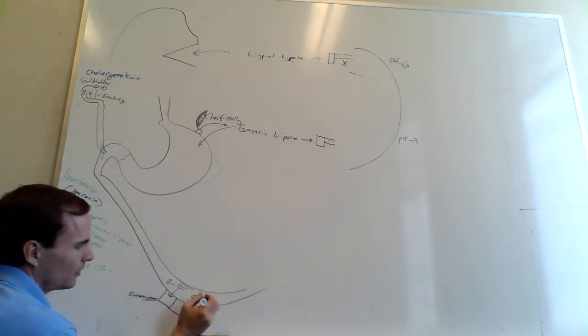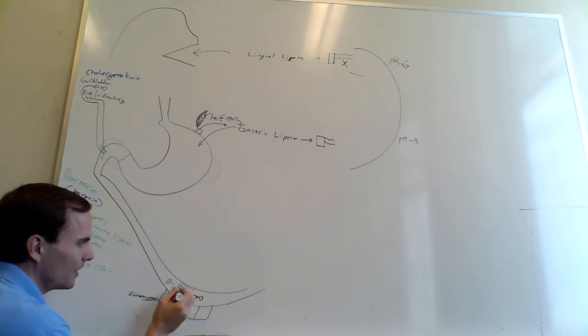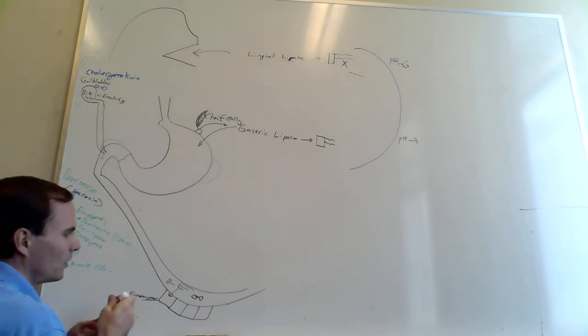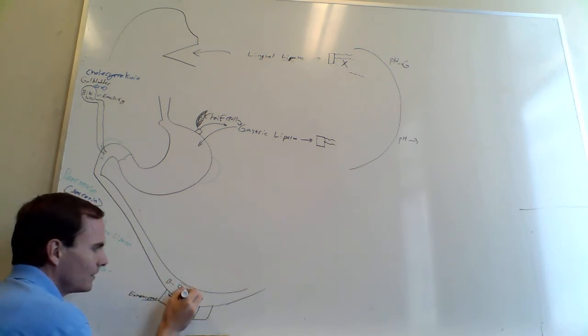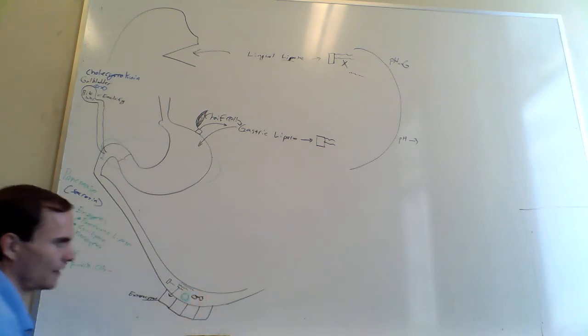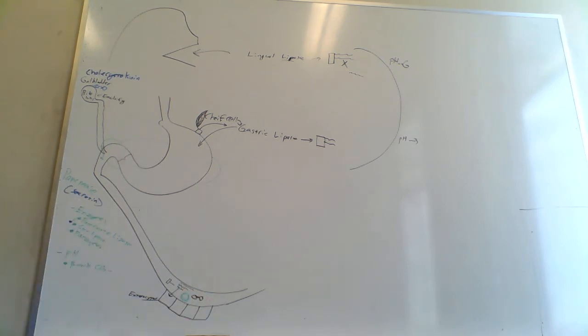The other thing we want to know is how all these guys get gathered, and they might be absorbed via one of these as well. There's something called a micelle. All of these guys will come together simply because they're all fats, and fats will come together naturally.